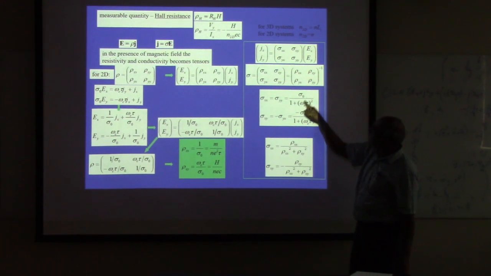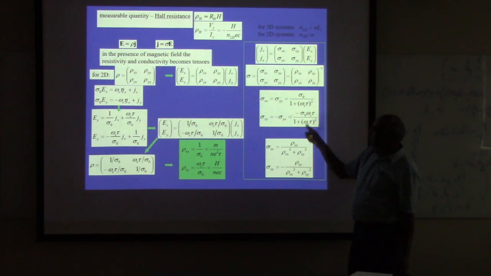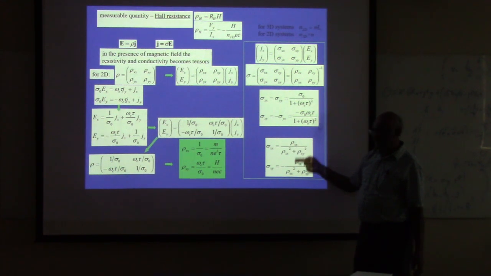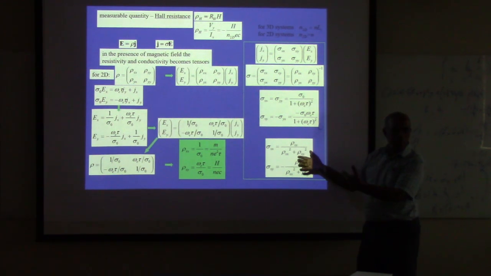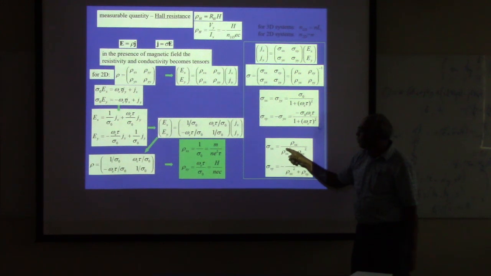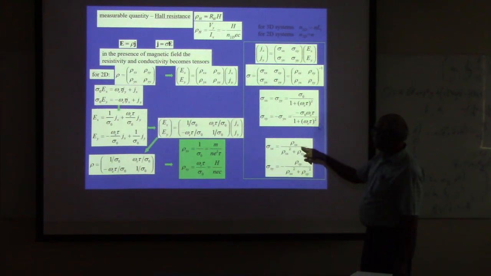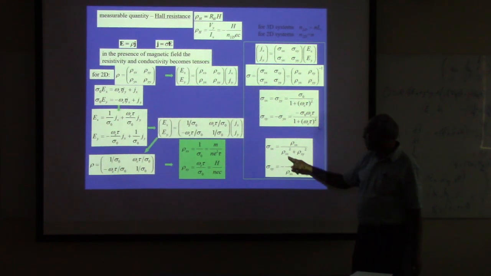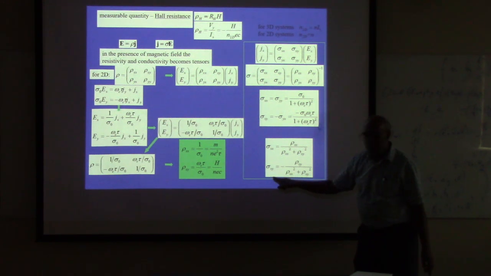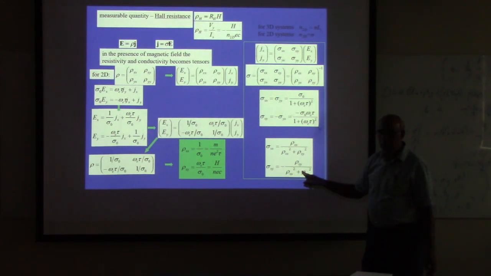If you calculate that, like I said, the inverse of the matrix, you can see that even if rho xx is 0, sigma xx is 0, but sigma xy is not 0, right?